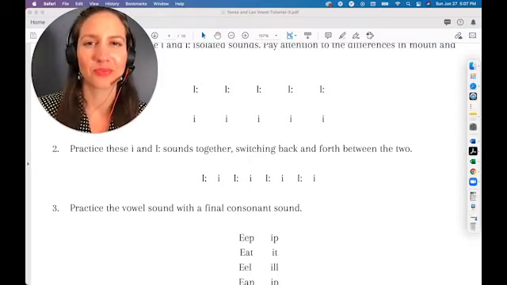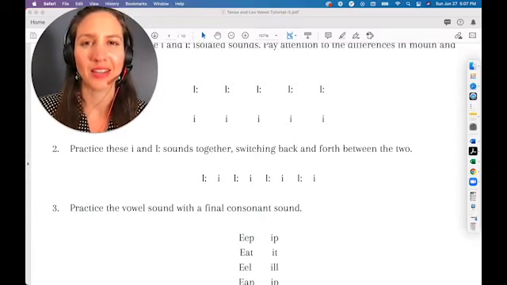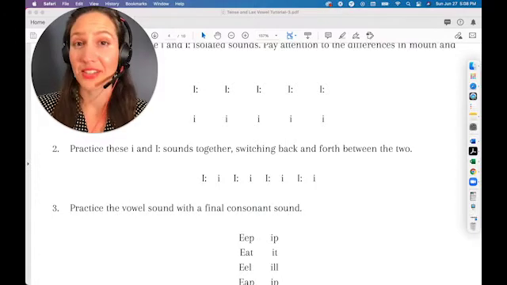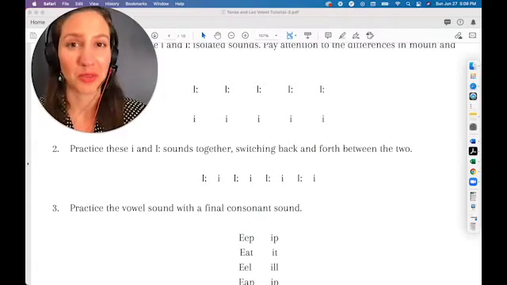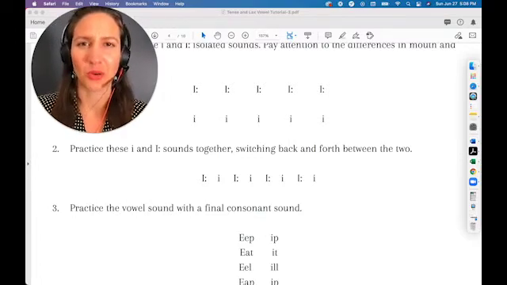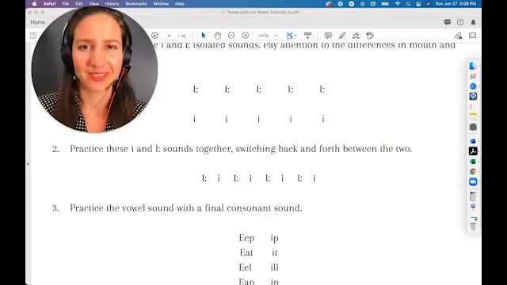E, I, E, I. Practice this many times before moving on to number 3. Make sure that you are very comfortable moving between these two sounds.